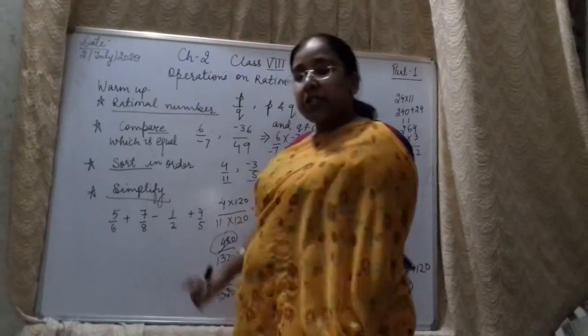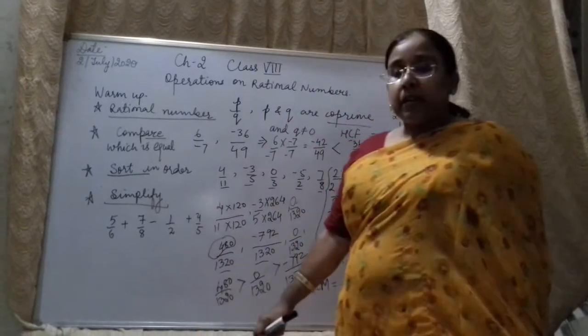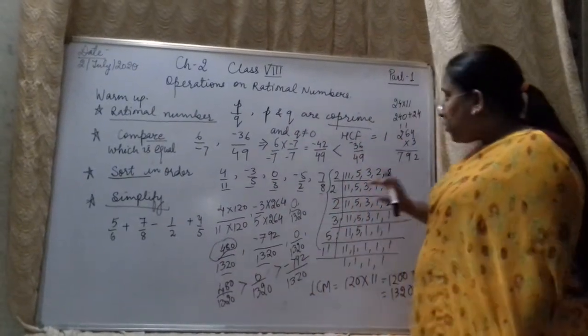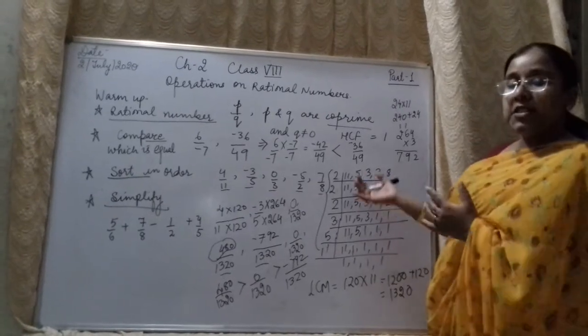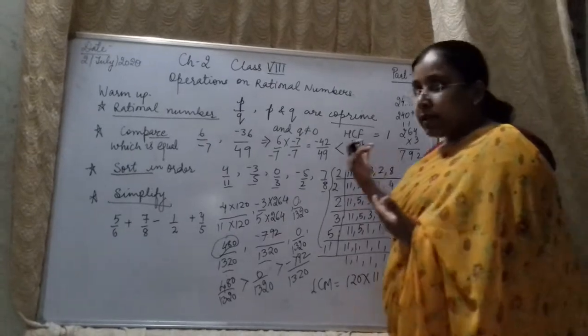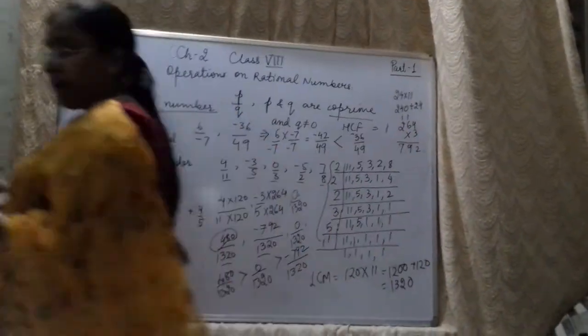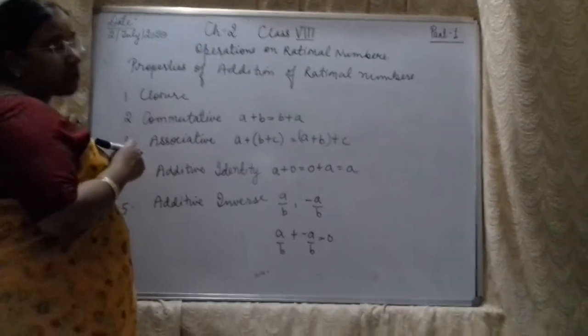Now for simplification also again we need to have the common denominators. The common denominator is found through the LCM, which we have already done in chapter 1. So this is a little brush up of the previous chapters. Next we have the properties of addition of rational numbers.